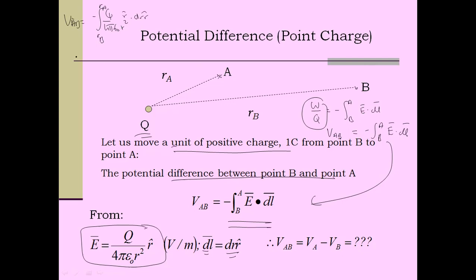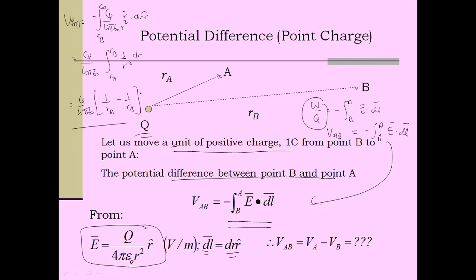If we further integrate this equation, we have Q over 4 pi epsilon naught times the integration of 1 over R squared dr, and we can cancel the negative sign by changing the range of integration, which is from RA to RB. That gives us Q over 4 pi epsilon naught times 1 over RA minus 1 over RB.